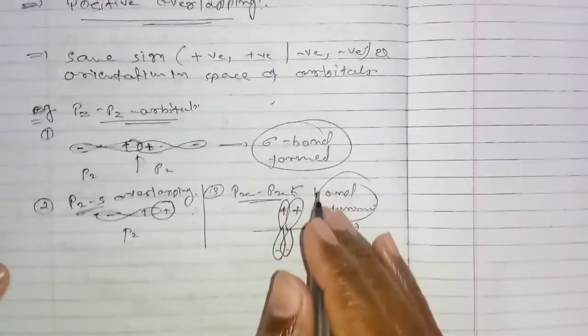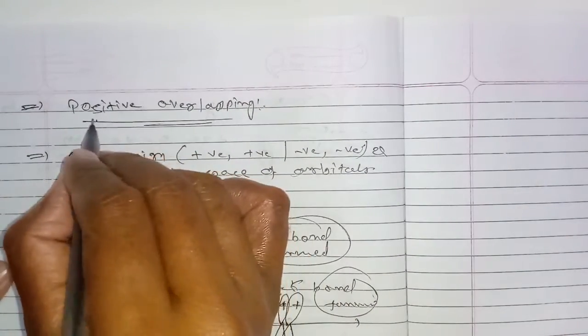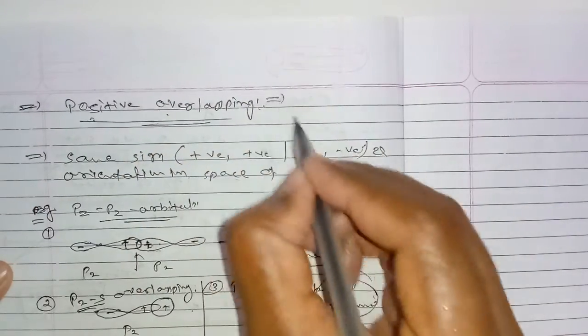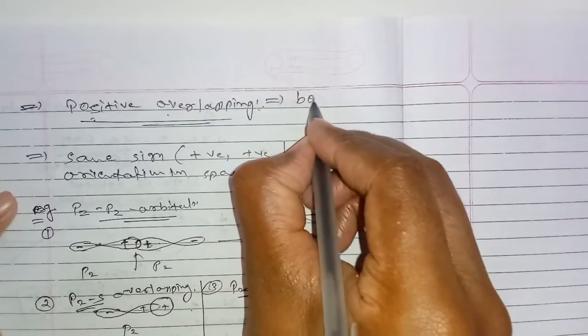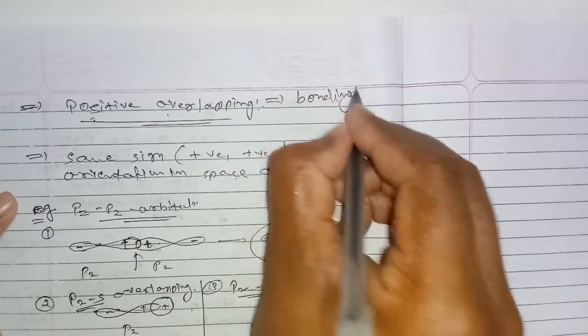If positive overlapping occurs, it is called bonding.